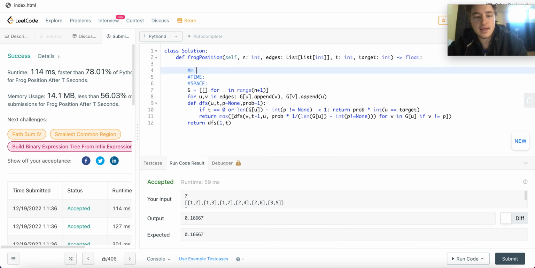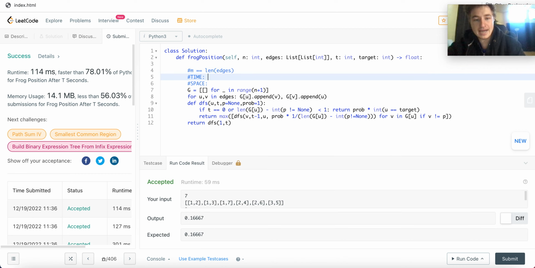It's already given. M equals length of edges. So we have to add each edge. So that's going to take m time. And then we create a graph that's the size of the number of vertices. But you could have like 20 vertices and no edges in between them. So that's going to take m plus n time to do that.